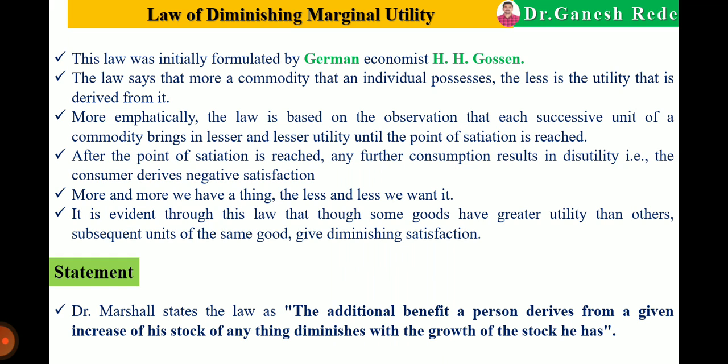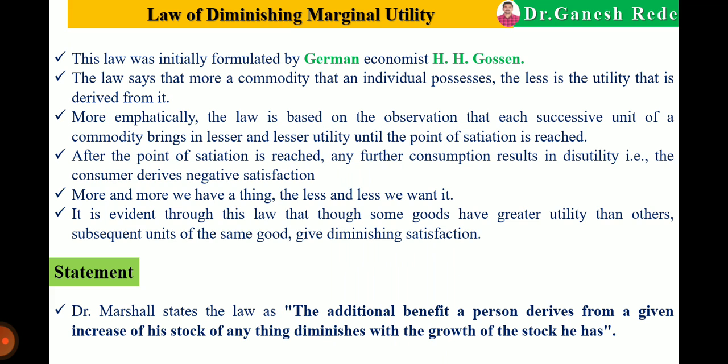According to Marshall, this law states that the additional benefit a person derives from a given increase of his stock of anything diminishes with the growth of the stock he has. So this is the specific statement of the law of diminishing marginal utility. You have to remember it as it is.